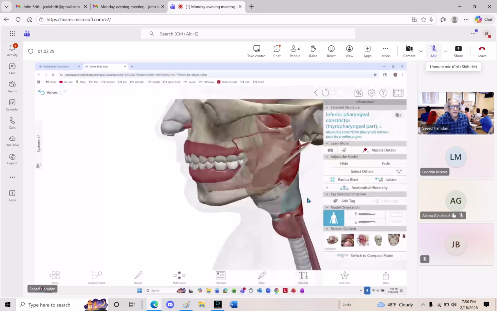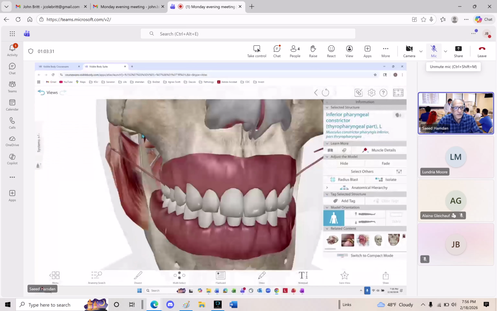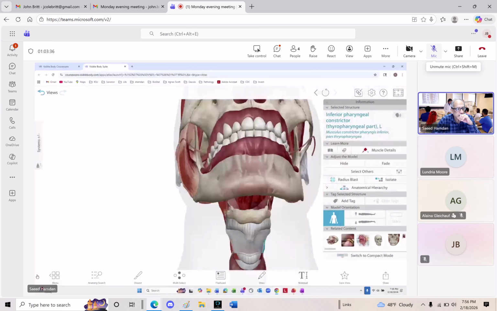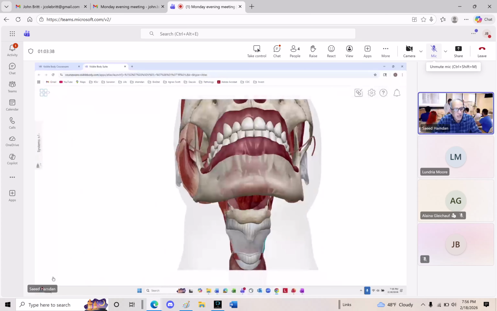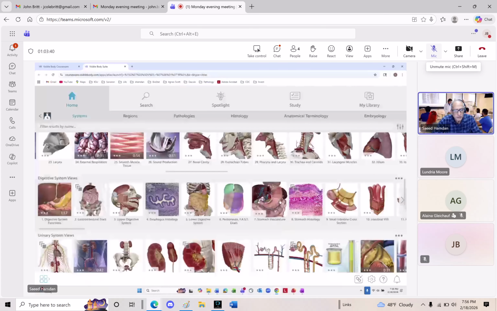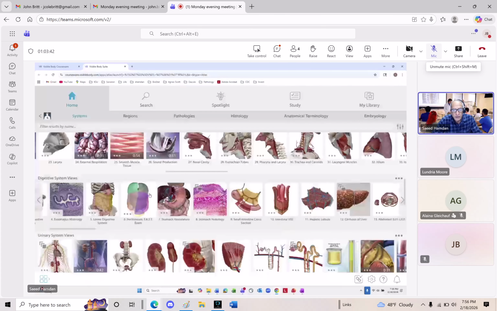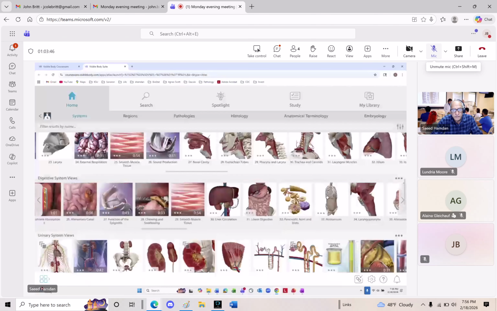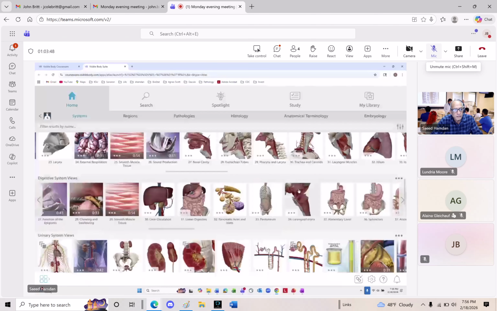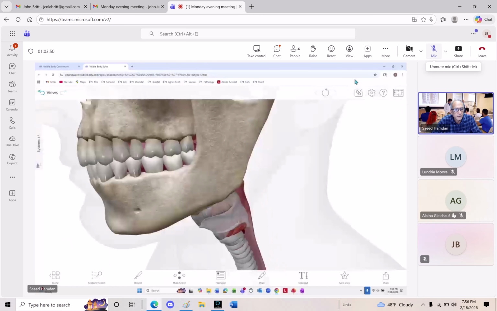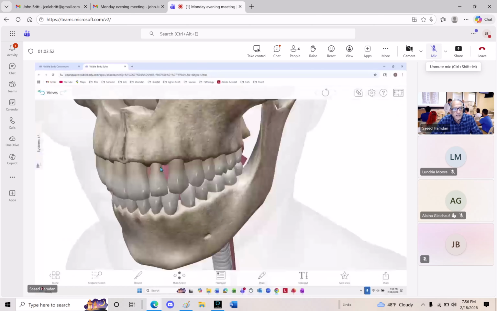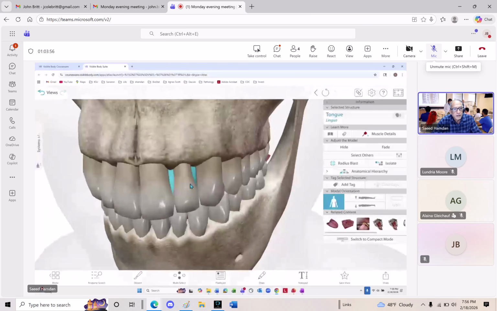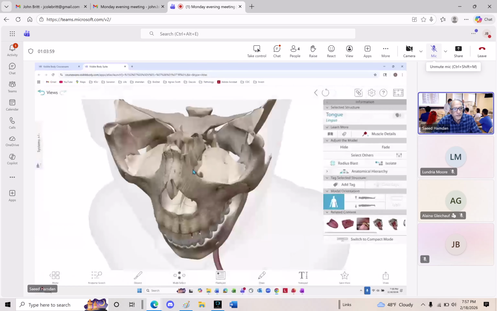Oh, the folds. Okay, now how do I show you the folds? There is a model here where you can see the folds. We need an open mouth to be able to see the folds. Again, this is the tongue. We're going to look at the tongue in a second, but I need something to look inside.